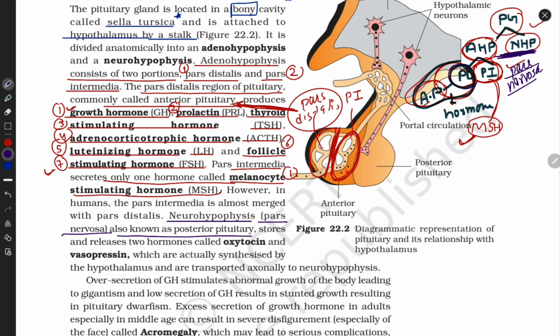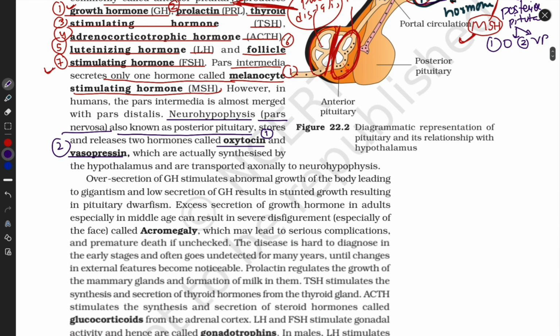The pars distalis is called the anterior pituitary, and the neurohypophysis is called the posterior pituitary. Clear, guys? Now it releases two hormones: first oxytocin and second vasopressin. Clear, guys? Very clear? Alright.